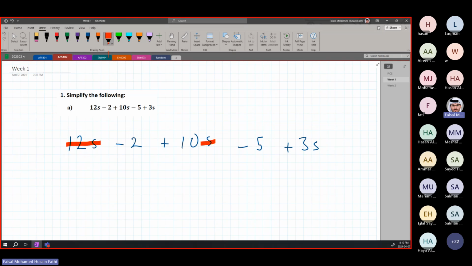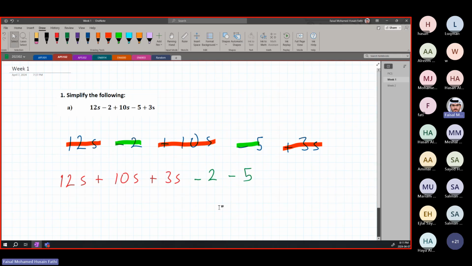Here we have this which has s, this which has s, and this which has s, and you put them next to each other to make it easier to solve. So it becomes 12s plus 10s plus 3s. I'm just gathering them and putting them next to each other, and everything that remains we put next to each other, which is minus 2 minus 5, and then we can simplify.